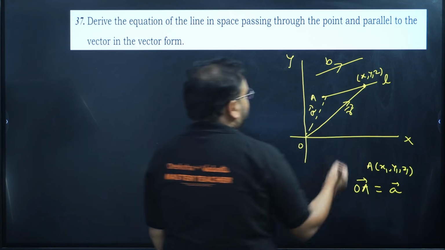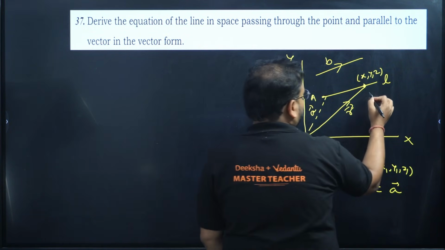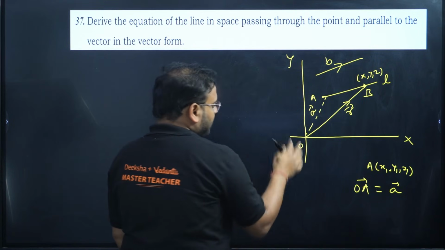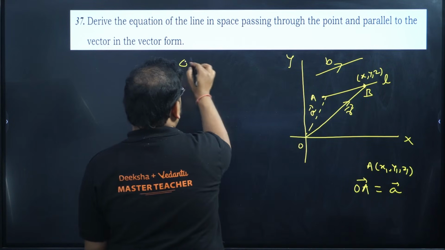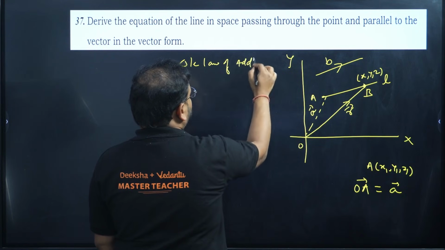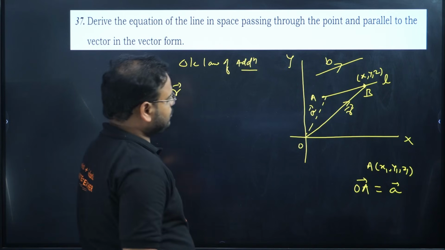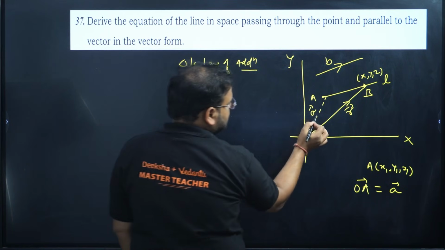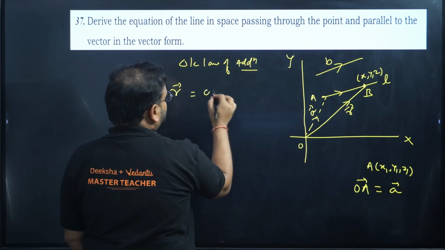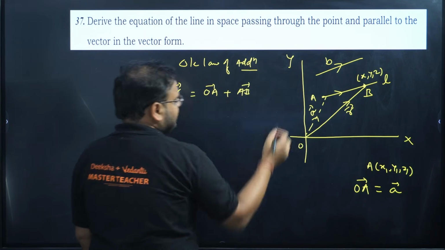Okay, so if you apply the triangle law of addition in the triangle OAB, you'll get what? Vector R is equals to, because OA is going this way and AB is going this way, vector R is equals to vector OA plus vector AB. Now what is vector AB?